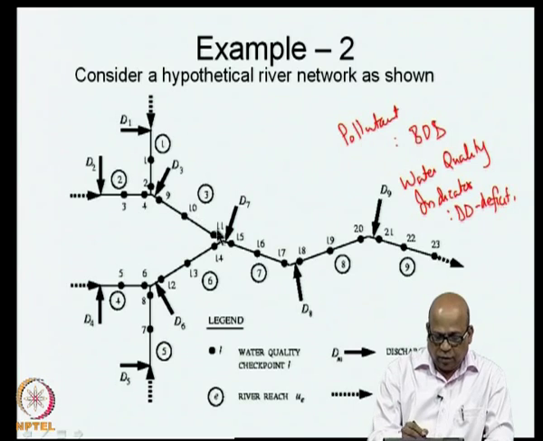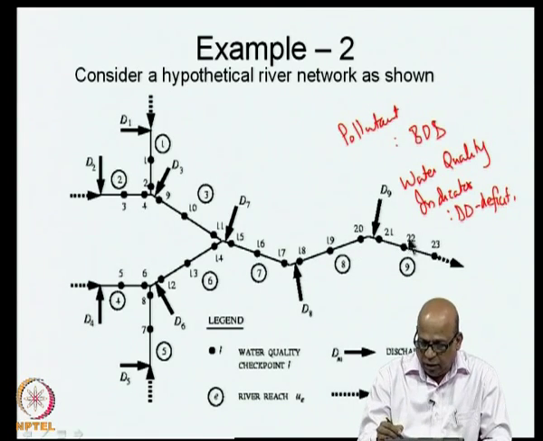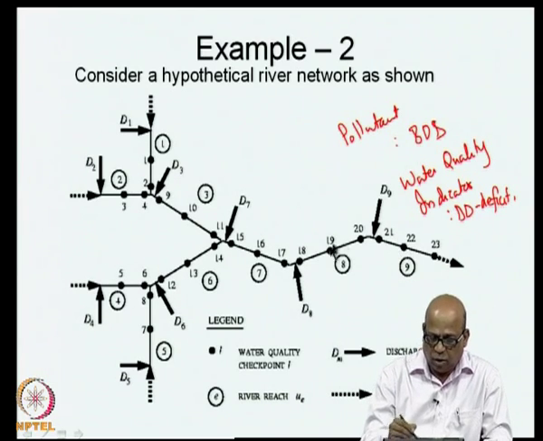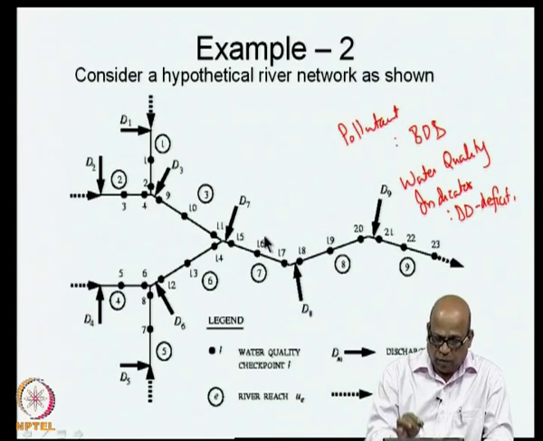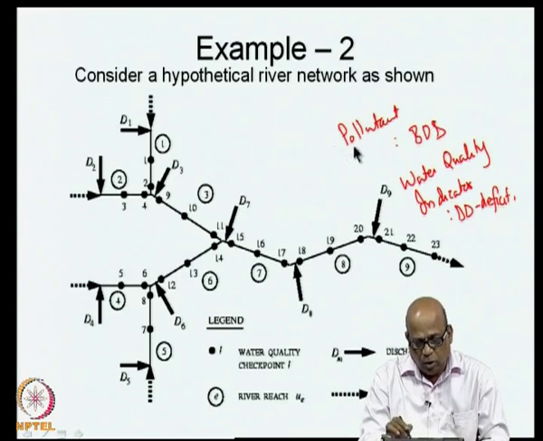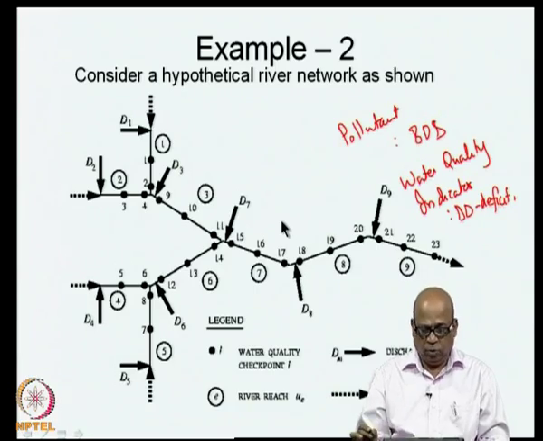So, there are several checkpoints like this. We would like to make known our preferences for the optimization at all these checkpoints, and D1, D2, D3 etcetera are the dischargers. We will, for the purpose of this example, ignore the non-point source pollution. So, we will assume that there is no non-point source pollution.